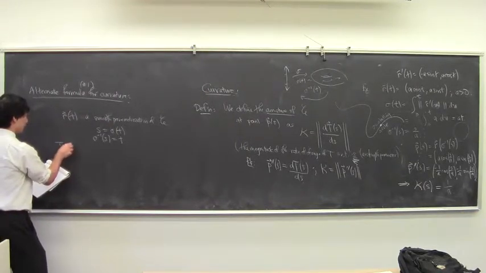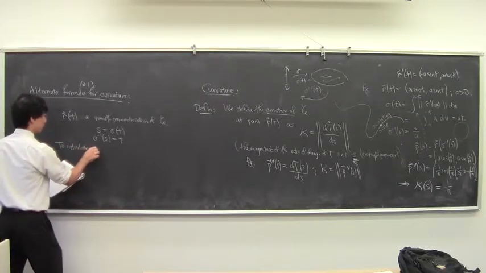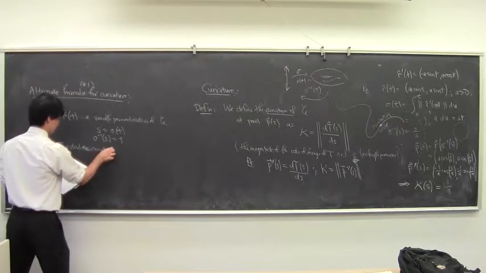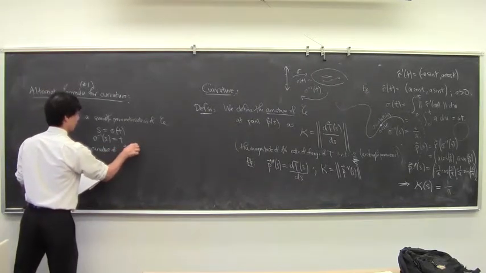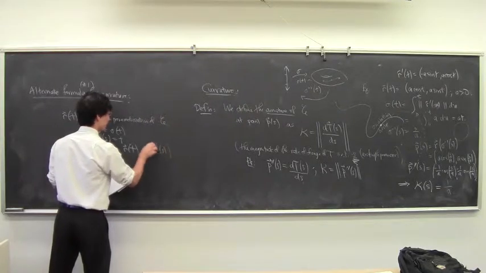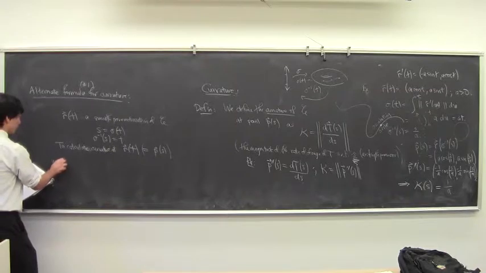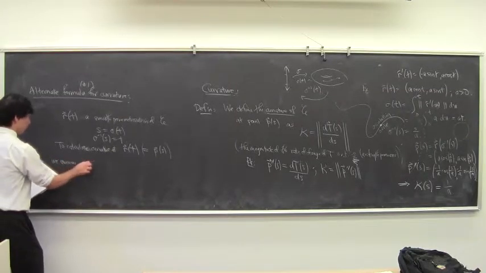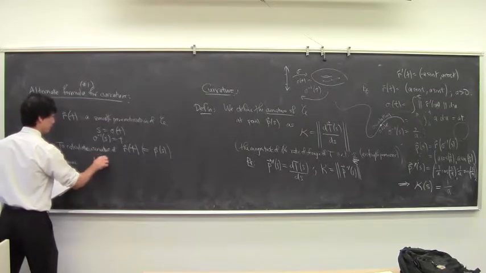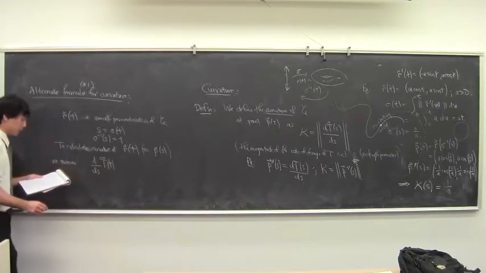To calculate curvature at position r of t, aka p of s, we examine the derivative of the tangent vector with respect to the arc length parameterization.